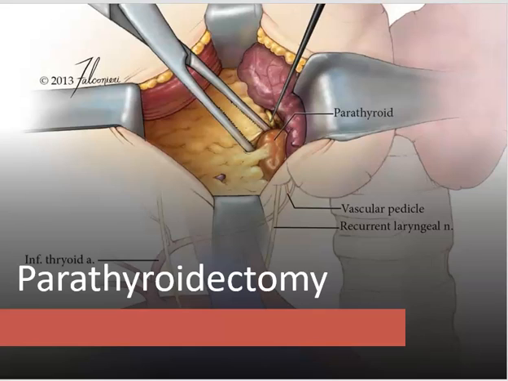Then you'll also note there's an option for re-exploration, and then you have an option for a mediastinal exploration in 60505. All right, and then after that, you have options for a thymectomy. I don't know if you're noticing this, but it's so important to actually know what's being removed, because that's going to impact your code assignment.